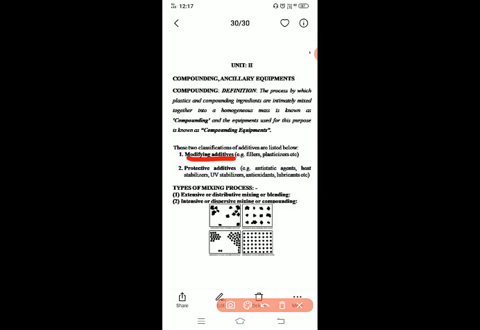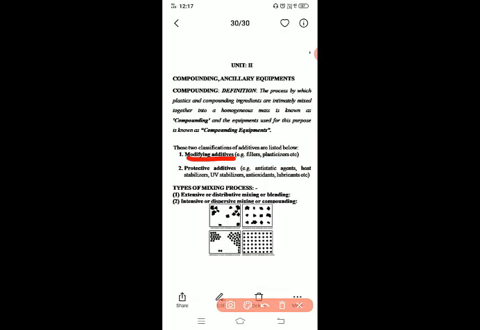Then certain additives are added to these plastics in order to prevent them from degradation during service and during processing. Because these plastics are subjected to high temperature during processing as well as during service.